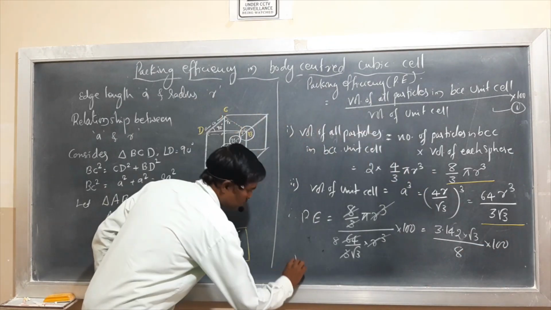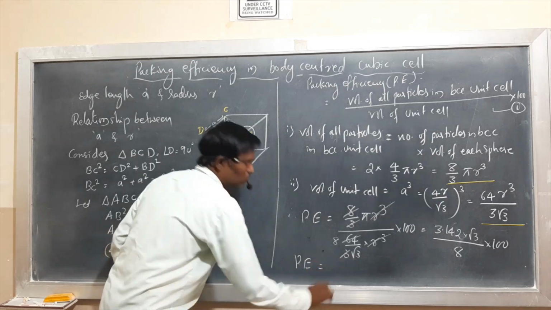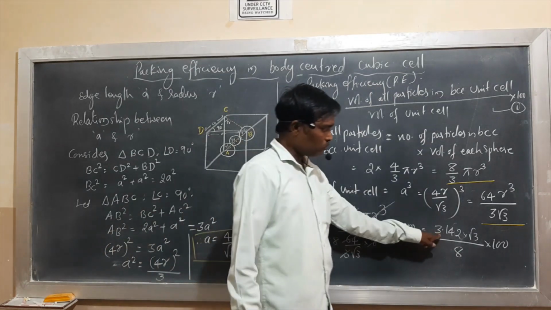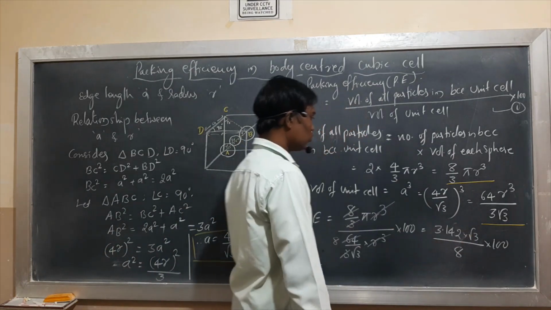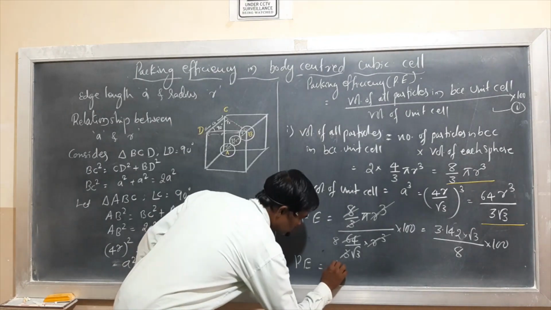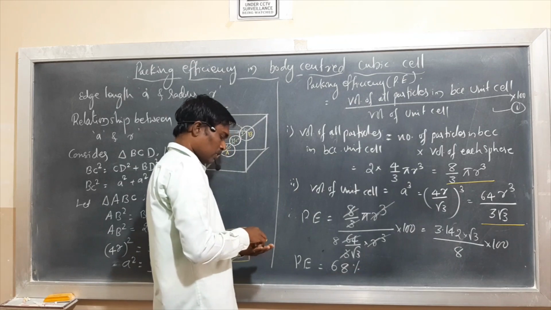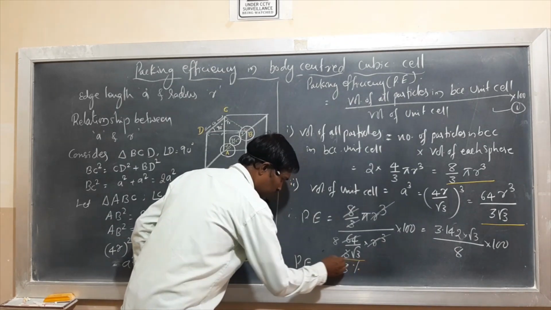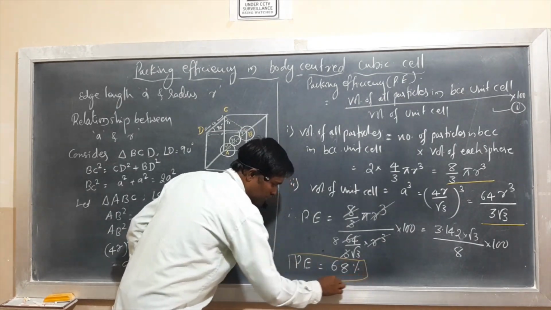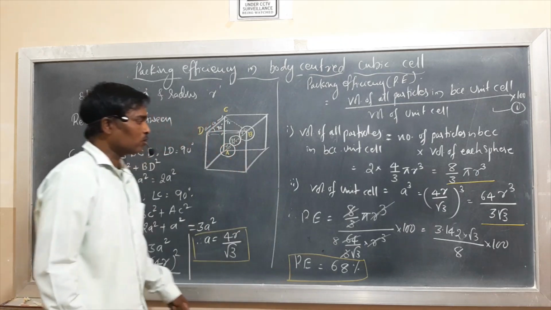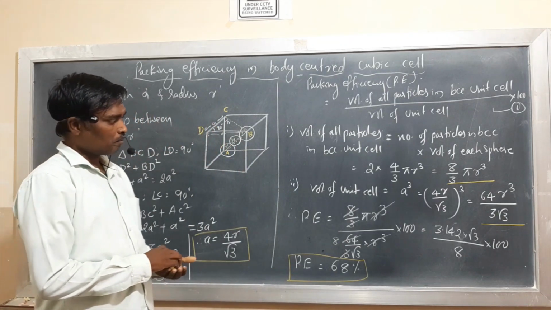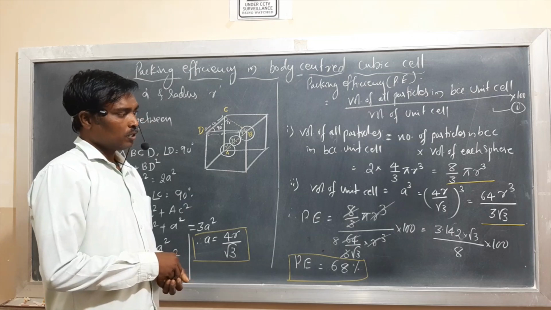So the packing efficiency is equal to 3.142 into root 3 divided by 8 into 100, which is equal to 68%. Just simplify that and calculate, and you'll get 68. So this is the percentage of the total space occupied by the particles in a BCC unit cell.